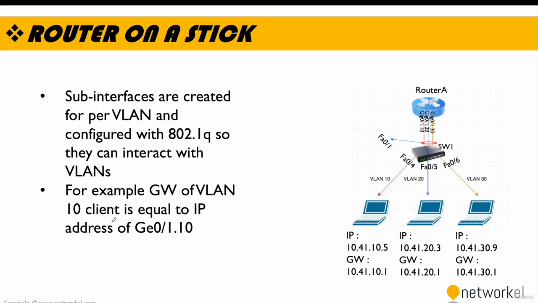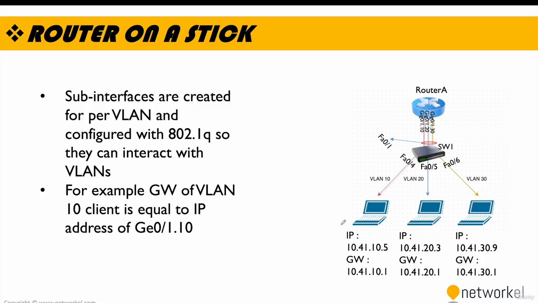In this setup, the switch is configured with multiple VLANs and the router performs all routing between the different VLANs. For this purpose, you create sub-interfaces configured with .1q so they can communicate with each other basically. Okay, so here is how it really works.